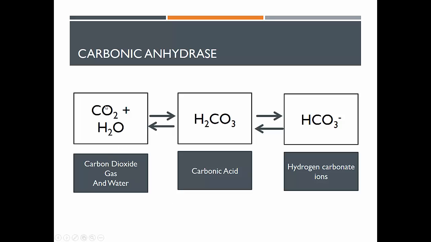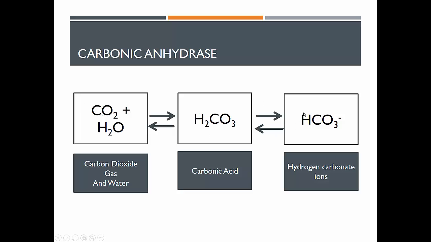So we have CO2 plus water yielding carbonic acid, and that's this form here, and then that will generally dissociate into hydrogen carbonate ions, and there should be a little H plus in there, and I apologize for not adding that in. That is sloppy on my behalf. But those can reassociate to form carbonic acid, and then another reaction can occur to form carbon dioxide and water molecules.